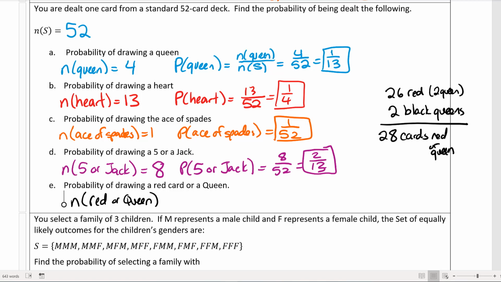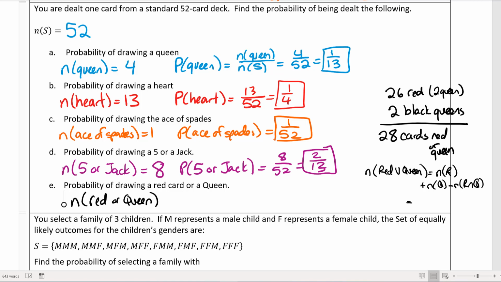So I could use the union rule for sets, which says the number of red or queen is equal to the number of red plus the number of queen minus the number of the intersection, red and queen.